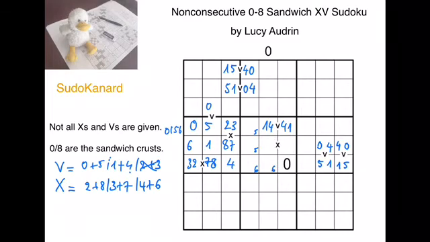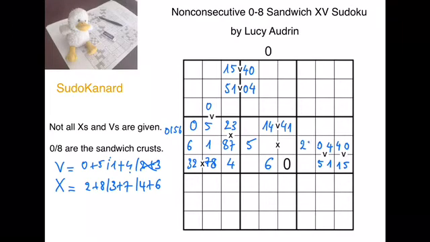This 10 now can still be any of those. 5 is not here, it has to go there. And 6 is at the bottom. Those must be one of those decompositions, and the counterpart is this.